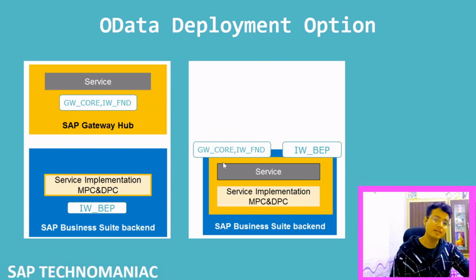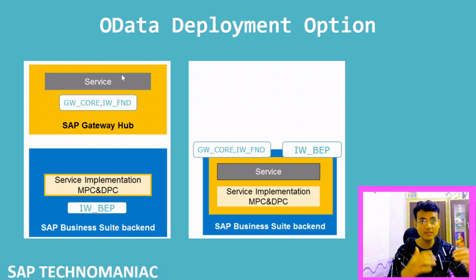But if we don't have a separate system for that, you can see this is one ECC system, this can be a CRM system, where we are developing our services, and this is another separate system. If we are developing the services in one system, registering them within the same system and maintaining them there itself, then this is called embedded deployment.